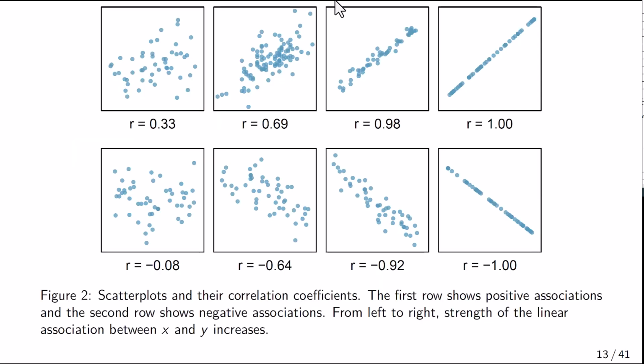And from this chart, we want to show at least a rough idea about how strong, how weak, and whether positive or negative the relationship is for the R, because we know those are what? Scatter plots, right? And a scatter plot is a graphical tool to describe the relationship between two numerical variables.